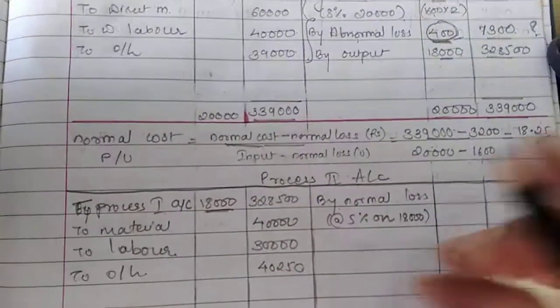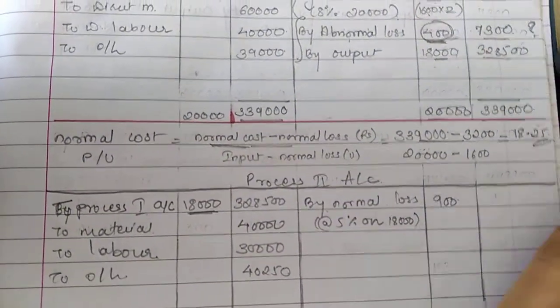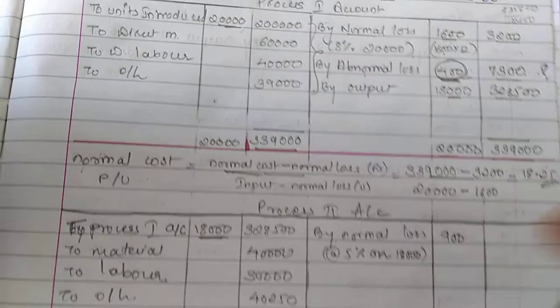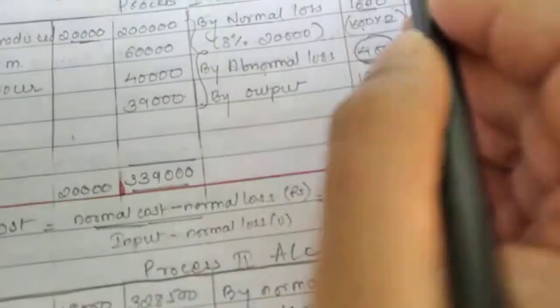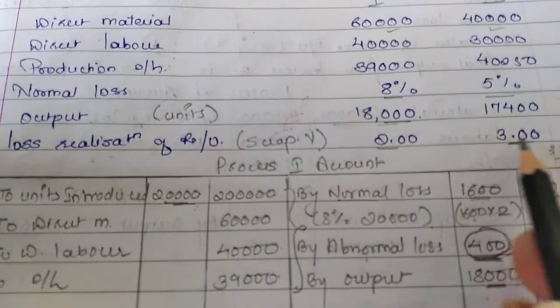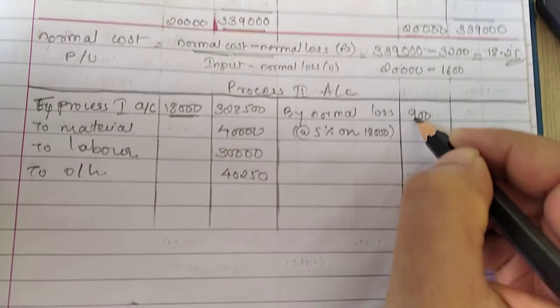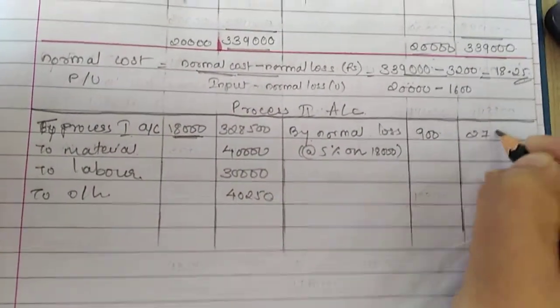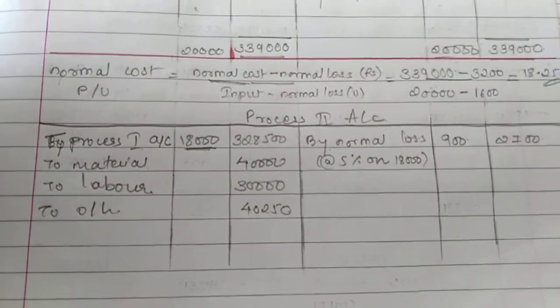We get 900. So 900 is your output, normal loss. You multiply it by the loss realization amount, that is rupees 3 per unit. See, given over here loss realization scrap value rupees 3 per unit. So 900 into 3 comes to 2,700.